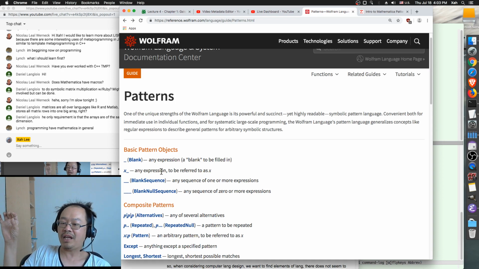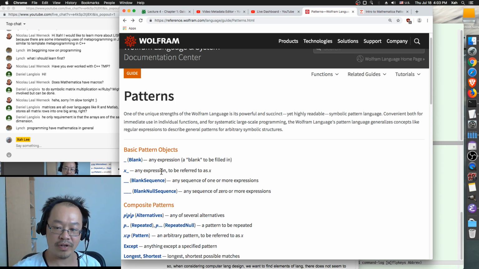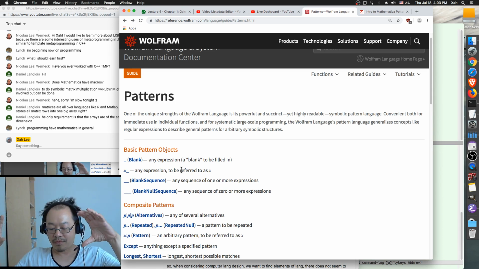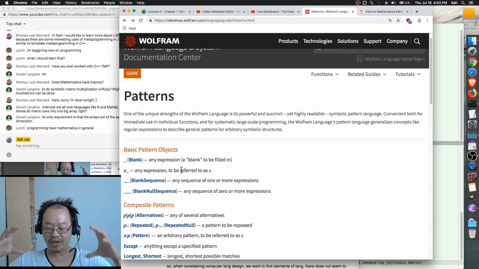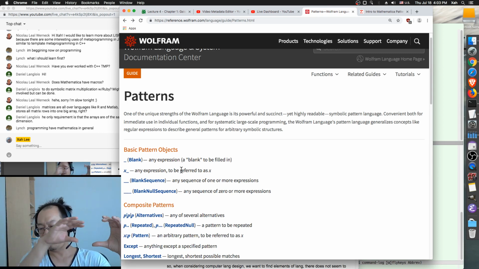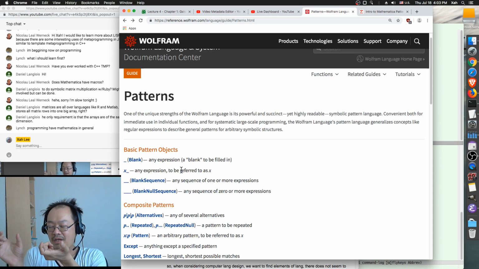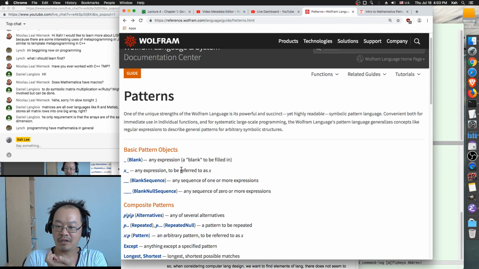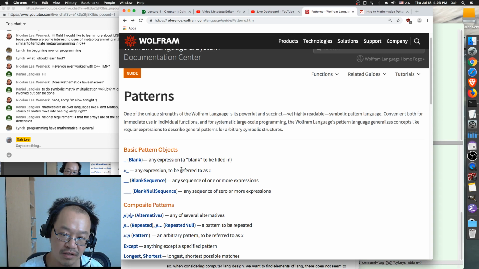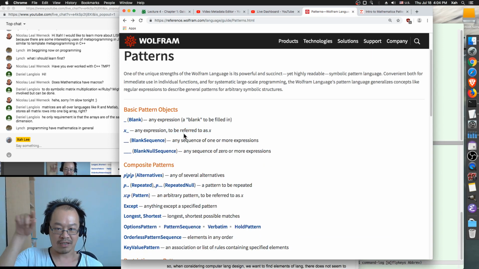That stands for any expression argument, and we refer to it as x. So the Lisp macro, if you look at it in terms of symbolic pattern matching, is a very simple pattern: a function name and a bunch of arguments. Each argument becomes a pattern, you can name it x, y, z or whatever, then you can do whatever with it. The only pattern we are using is this one, x underscore.